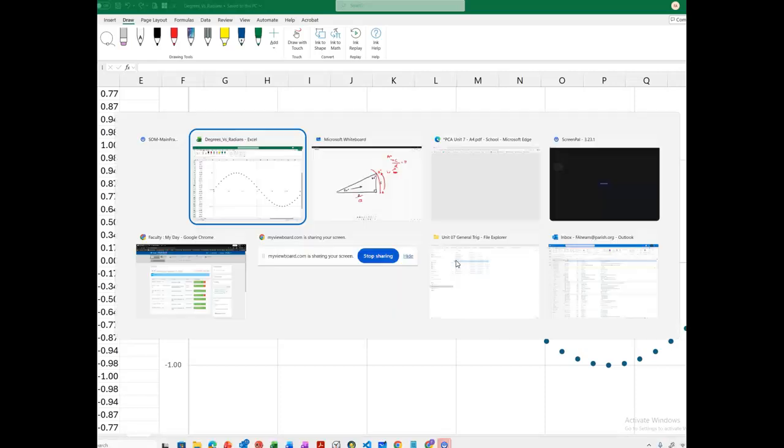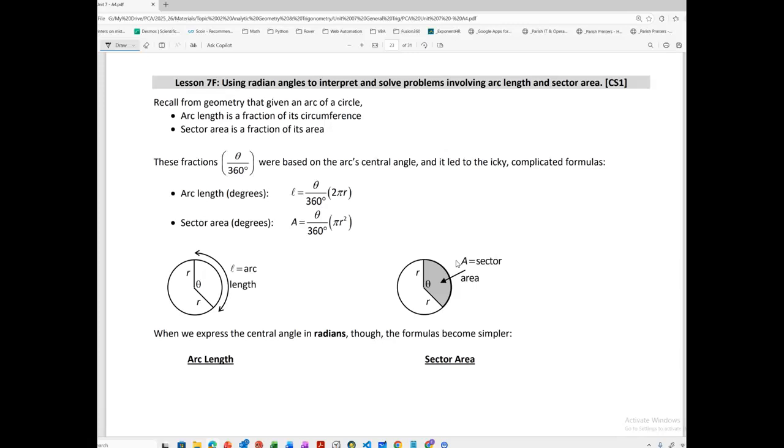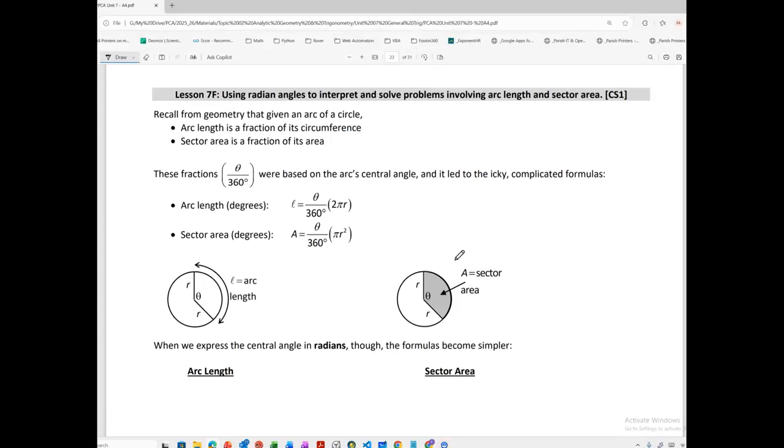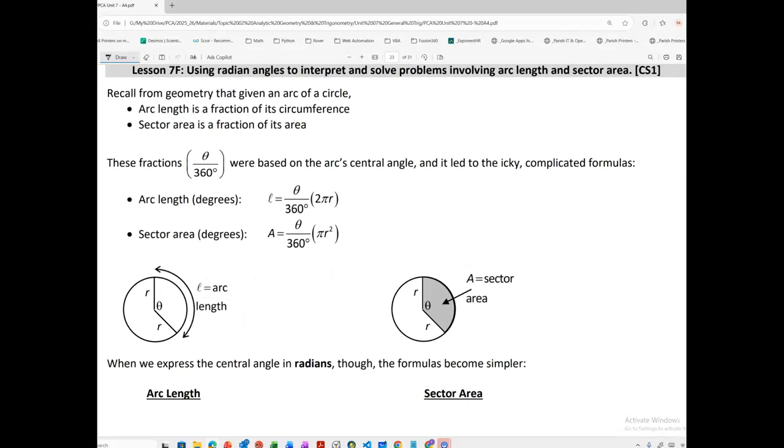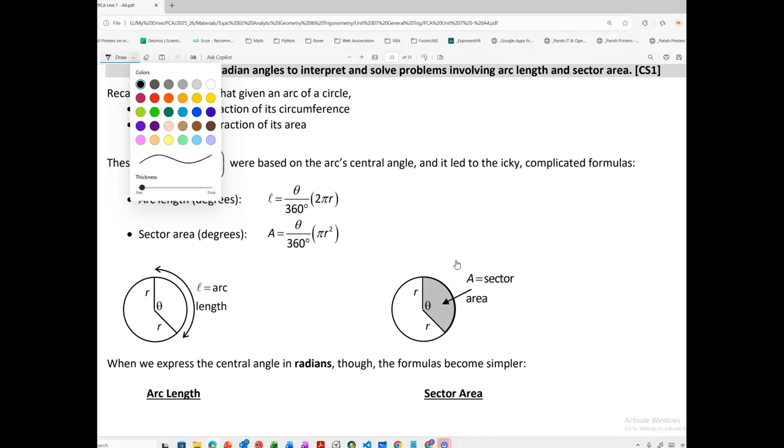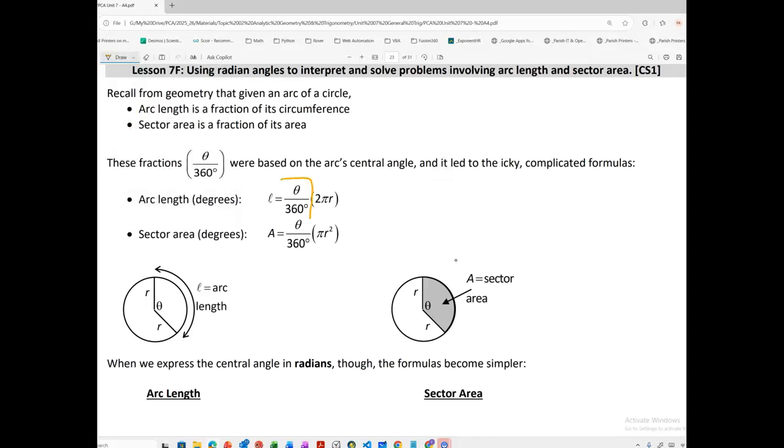All right, so now let's go back to your notes. If you recall, when you were in geometry, you had to calculate portions of circles, whether it be the portion of an arc length or what we call sector area, which is just a portion of the overall area. And we had to use degrees. So we always had these unfortunate scale factors in here, right?